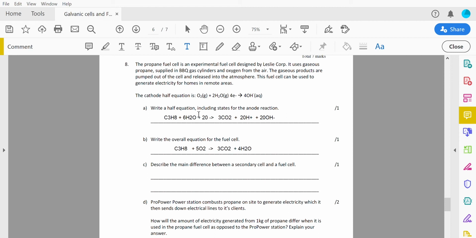So again, I've got 20 hydroxyl groups here. This is my first step in balancing for alkaline conditions. All I need to do now is take this and go, okay, this is going to be 20 H2O. So we've got 20 lots of that.